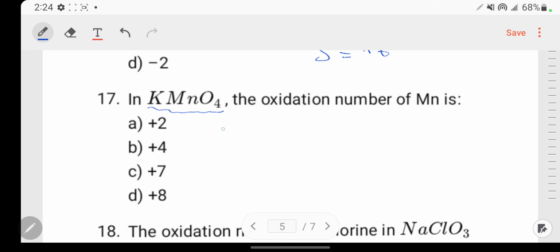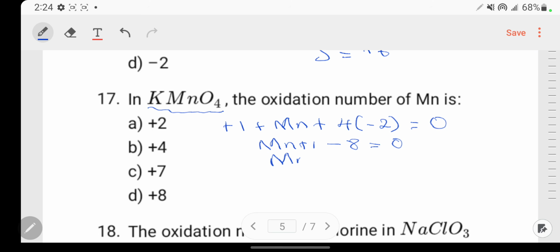So we are going to have the potassium, since it's a metal in group 1, it will have a charge of +1, then plus the Mn, then plus we have 4 oxygen, each with a charge of -2, should be equal to 0. So we have Mn, then we can add +1, then 4 times -2 is -8, should be equal to 0. So Mn plus 1 minus 8.